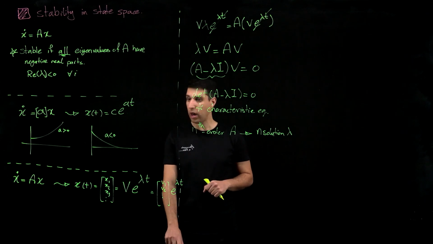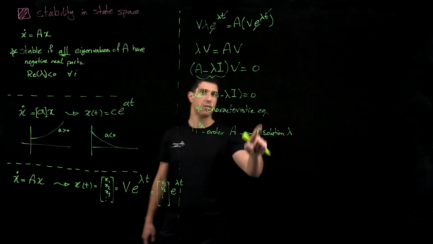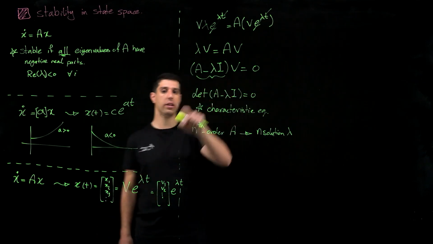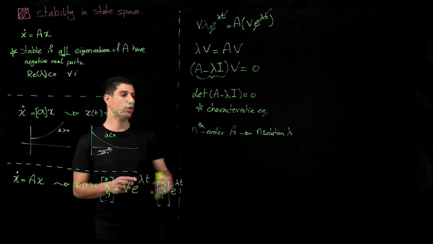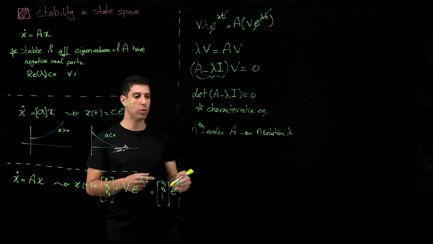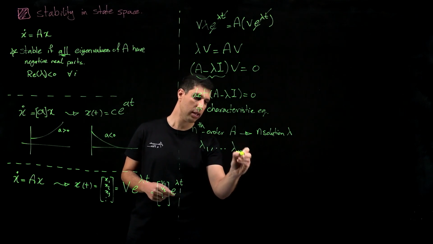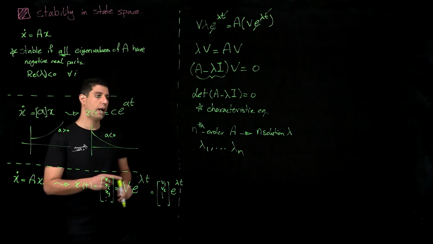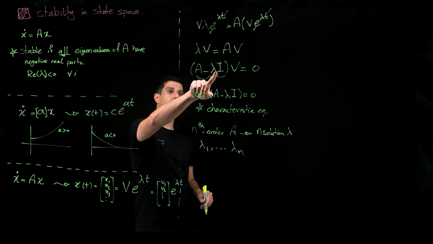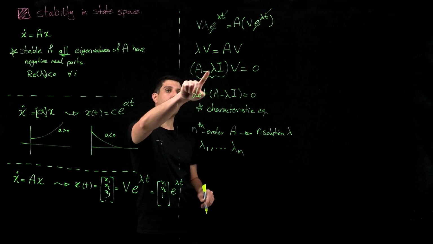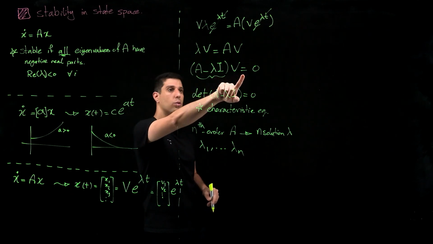So one other point to remember: from this equation we can find the eigenvalues. So I have n eigenvalues, lambda 1 to lambda n. And associated with each of those, I can plug it here. So I have A minus lambda 1 I times v equals 0.